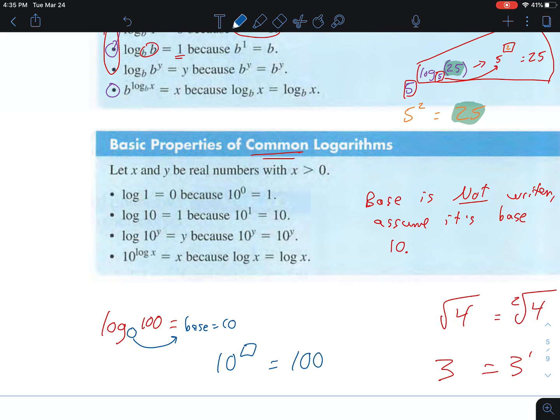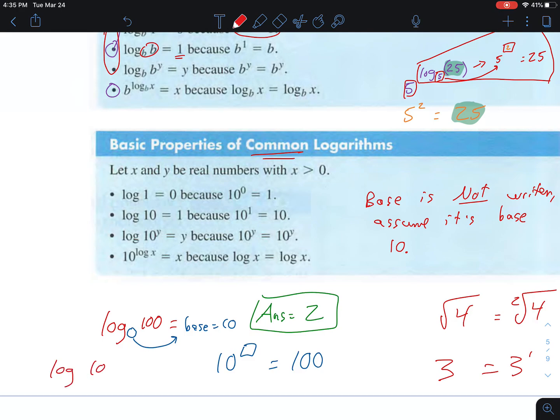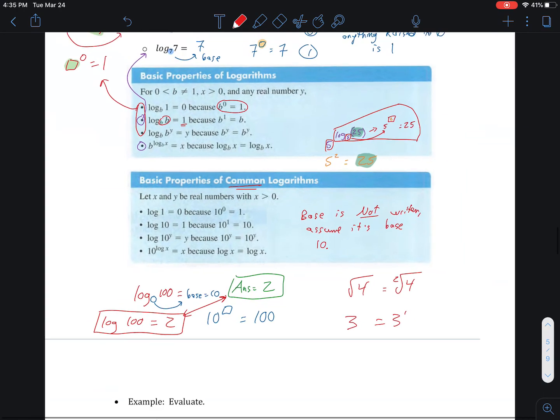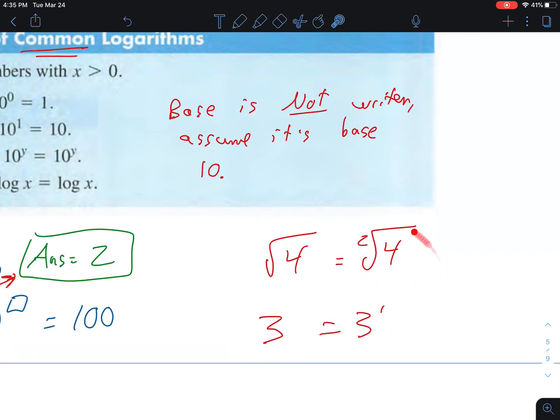So that means 10 raised to the what gives me 100? The answer would obviously be 2. So log of 100 is equal to 2. If you do not see a base listed, the base is assumed to be a 10.